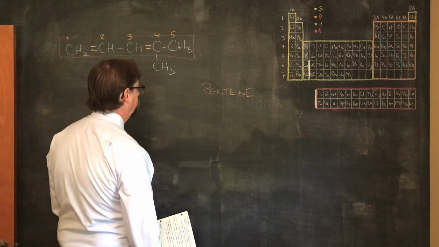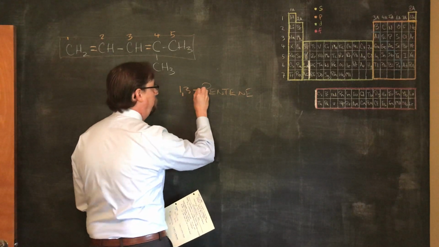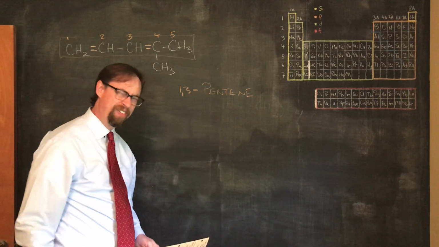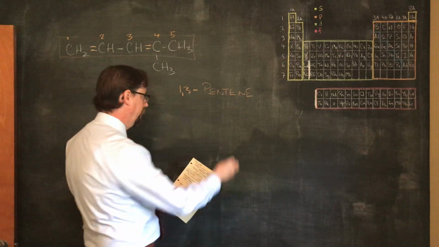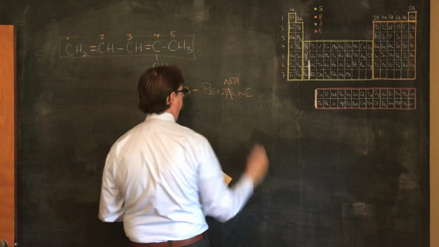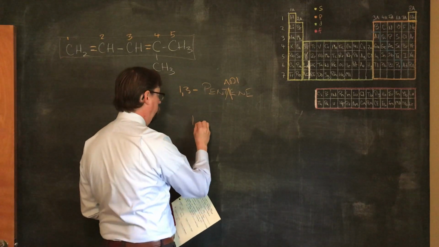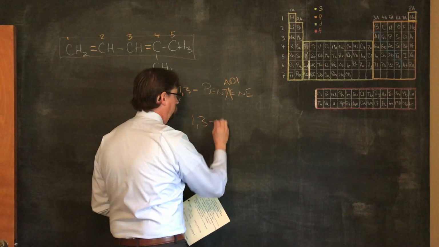So it's going to be 1, 3, pent, but I've got 2 double bonds, so there's a way to indicate that. So I'm going to put pentadiene. So it's going to be 1,3-pentadiene.